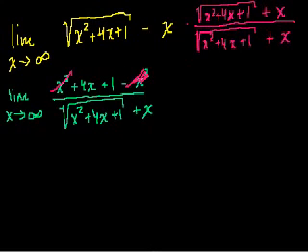And now let's see what we can do. Since we're taking x to infinity, and this is what you normally do when you take x to infinity, we can divide the numerator and the denominator by our highest degree term. In this case, our highest degree term is x, right? We have an x here and an x here. And when you divide something like this by x and you take it to infinity, this will approach 0.